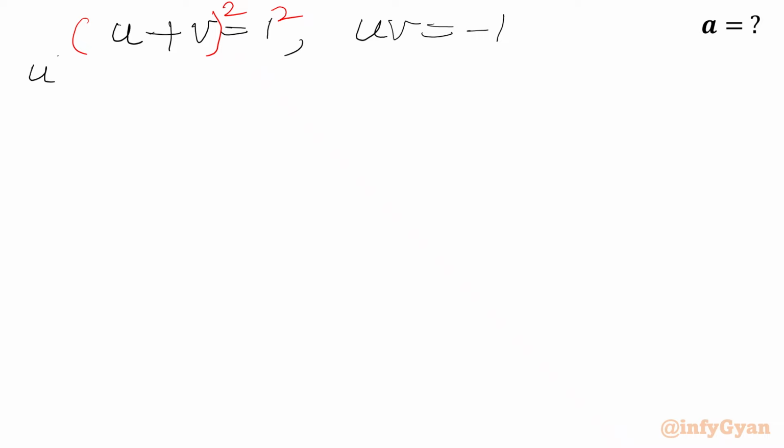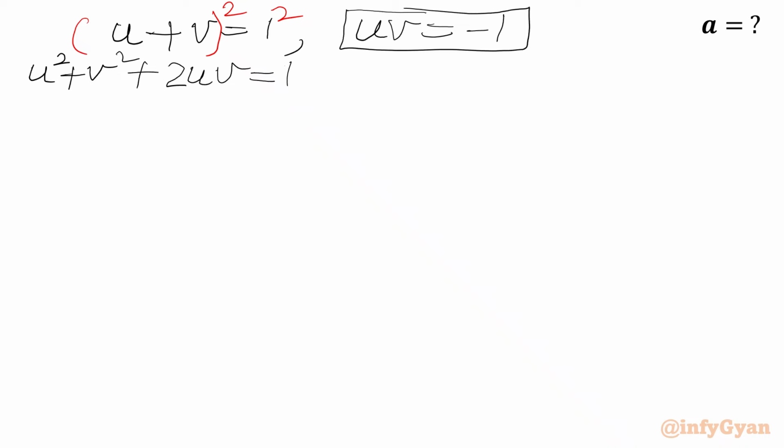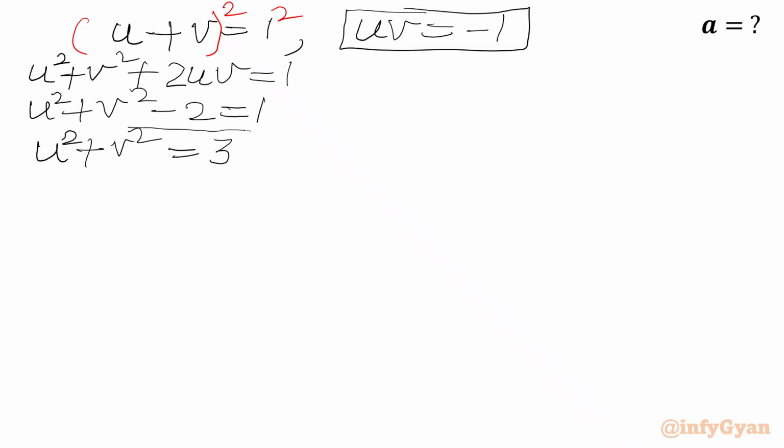We will get u^2 + v^2 + 2uv equal to 1 squared, which is 1. Now uv is negative 1, so we will write u^2 + v^2 minus 2, since 2 times negative 1 is minus 2, equal to 1. Now we will add 2 to both sides to get the value of u^2 + v^2. We will get the value 3.